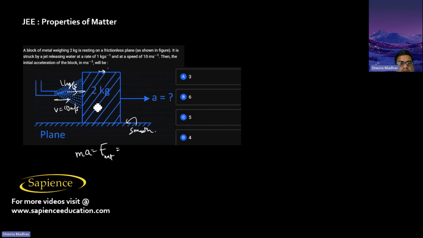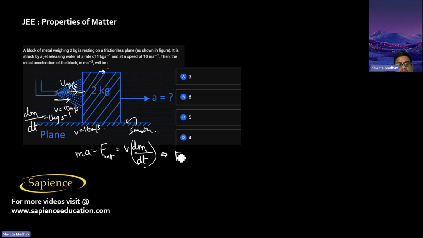So force is V into dm by dt, where dm by dt is the rate at which mass of water is being released, which is 1 kg per second. V is 10 meter per second.